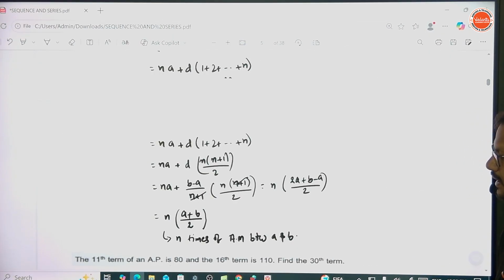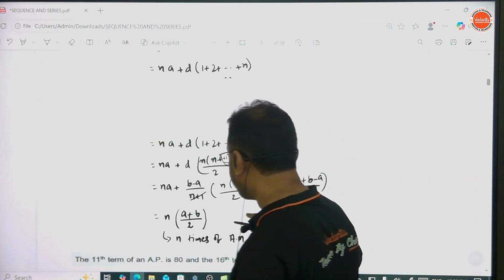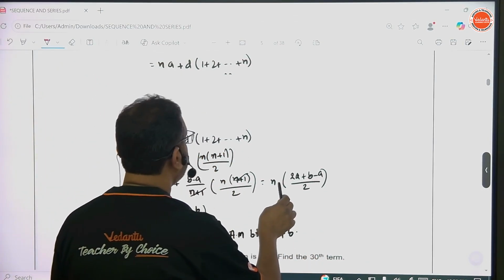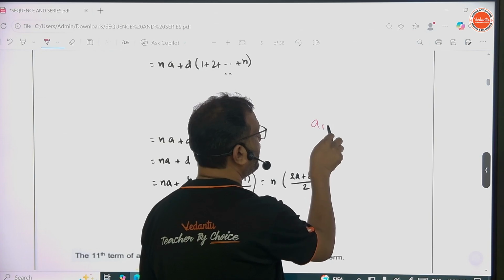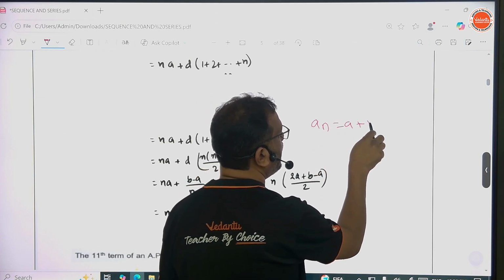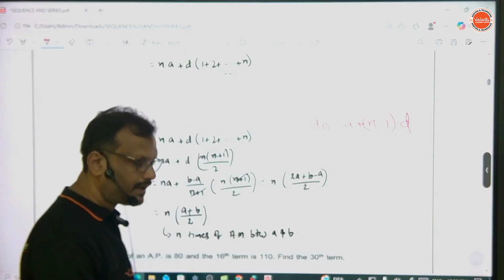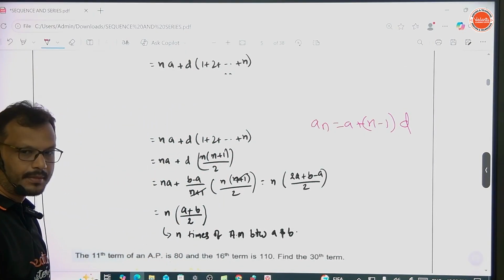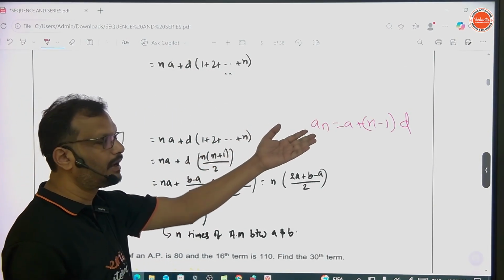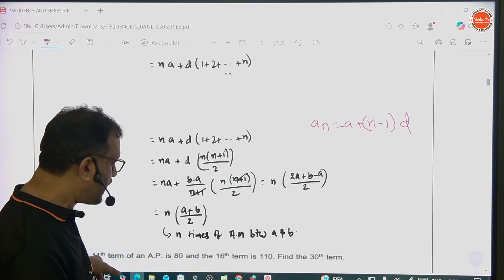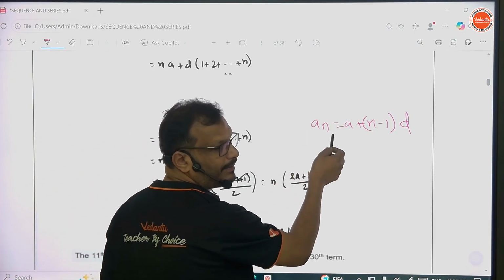The 11th term of an AP is 80 and the 16th term is 110. So what is the nth term generally? A plus n minus 1 into d. 11th term is how much? 80. Now put n equal to 11, this is A11.